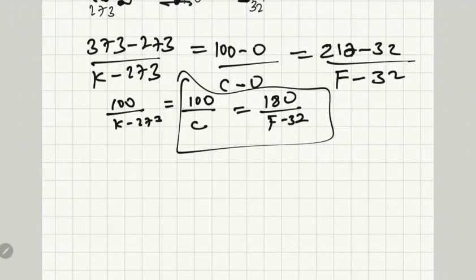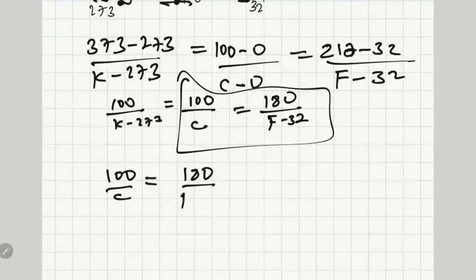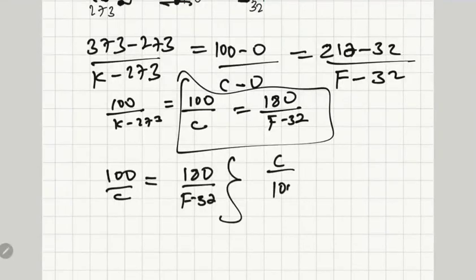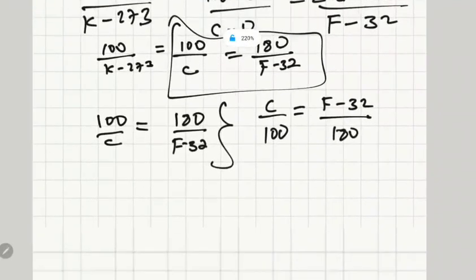Now, how do I convert Celsius into Fahrenheit, or vice versa? So you can take 100 over C is equal to 180 over F minus 32. Or you can say, reciprocating both sides, C over 100 is equal to F minus 32 over 180. This is the relation.